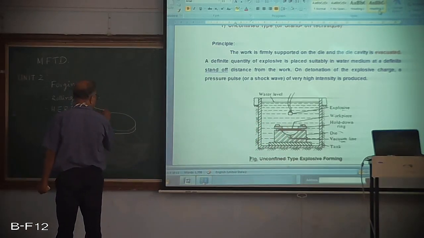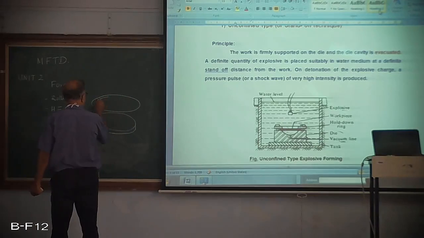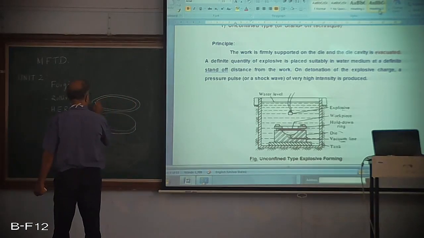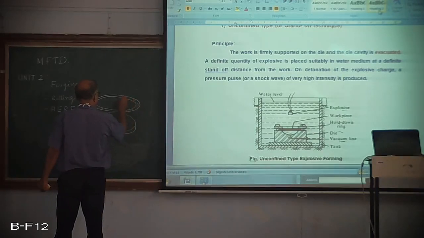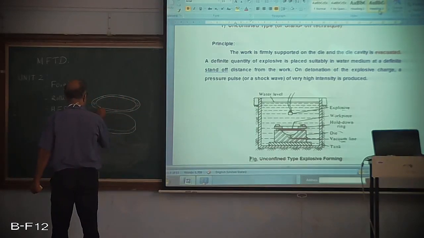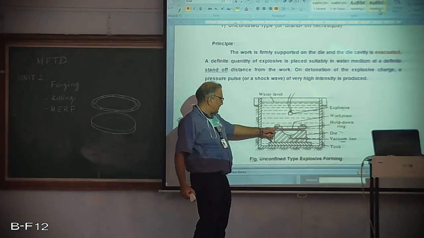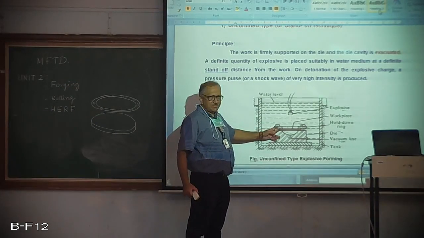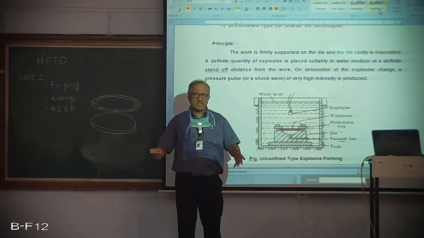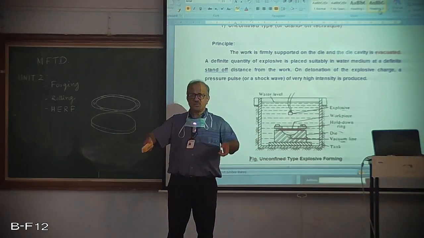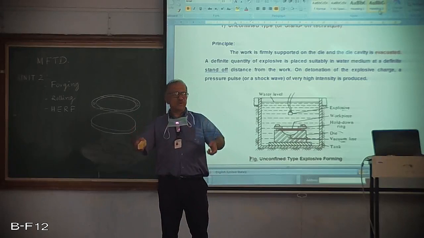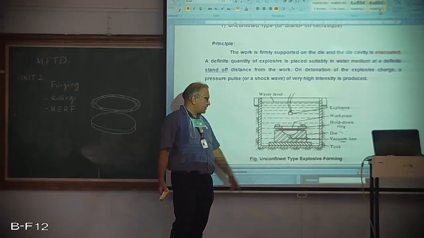If I show it, hold down ring, maybe it is something like this. So there are a number of bolt holes where you can imagine fixing of this with clamp. In a sense, it is the firm clamping of the workpiece on the die cavity.